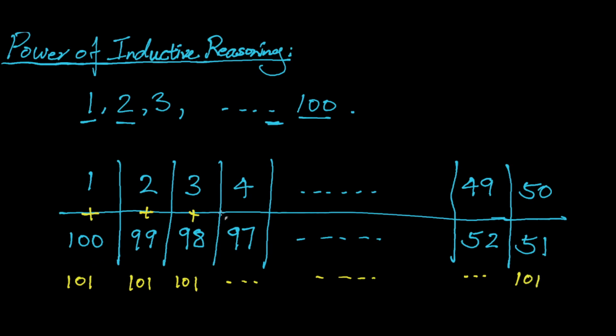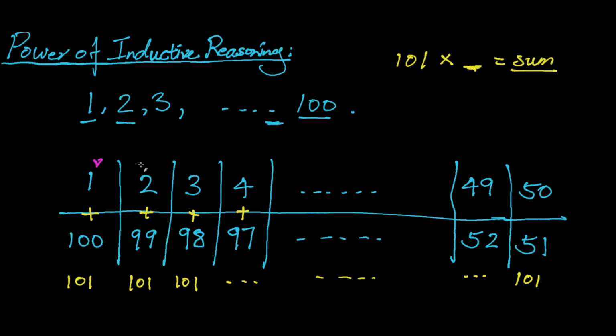Now the question is, how many of these 101s do I have right here? Because what we like to do is take the 101s, multiply by some sort of value right here to get our final sum. Let's take a look. Luckily, with the way that we set this up, the counting has already been done for us.